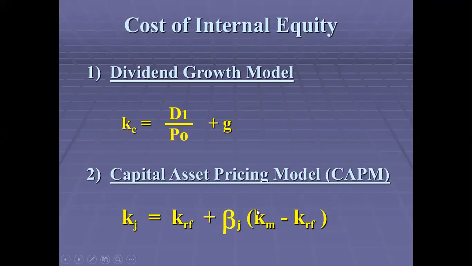Then you have Km, the required rate of return of the market, subtracted by Krf, the risk-free rate. Remember that the risk-free rate can be standardized as a government bond, or the interest from the bank if you put your money in a time deposit.